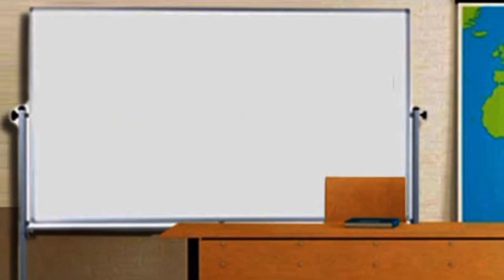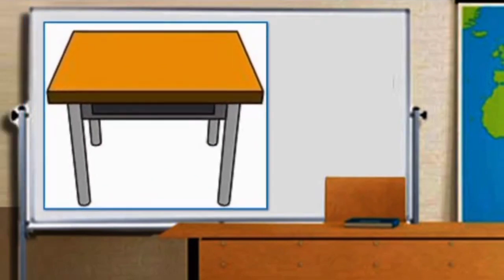Now, I will flash some pictures of different objects and try to identify kung anong lines ba ang nire-represent ng bawat object. Okay, we have the first one, table. Itong corner ng ating table, ang ating table ay may 4 corners.